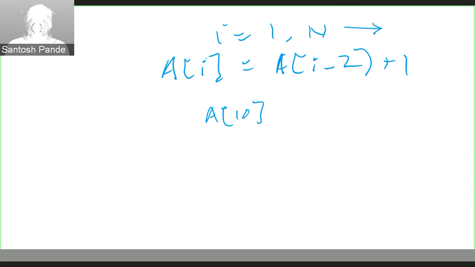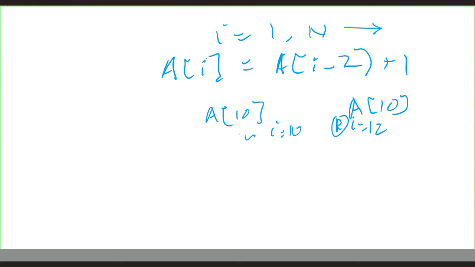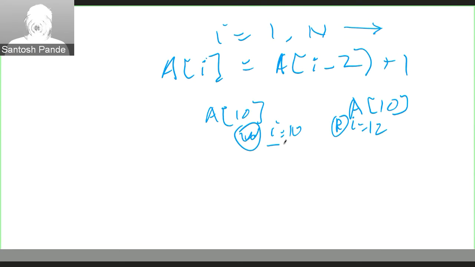This is the easiest way to do it. When we are in doubt, take I equal to 10. We do a write here. And in I equal to 12, we do a read from this location, A10. So you can see that if we concentrate on the loop index variables here, the write occurs before the read. So this is the kind of dependence it is, and it is a flow dependence.